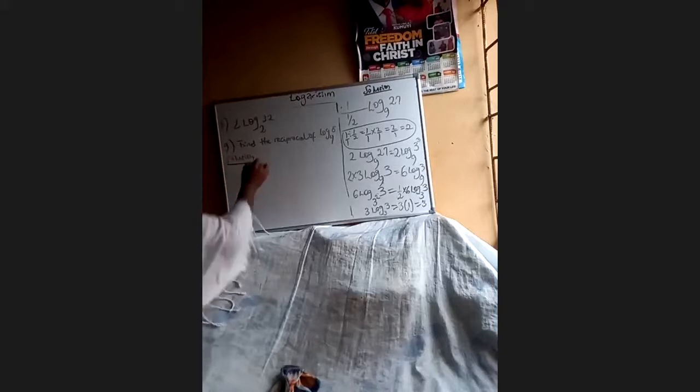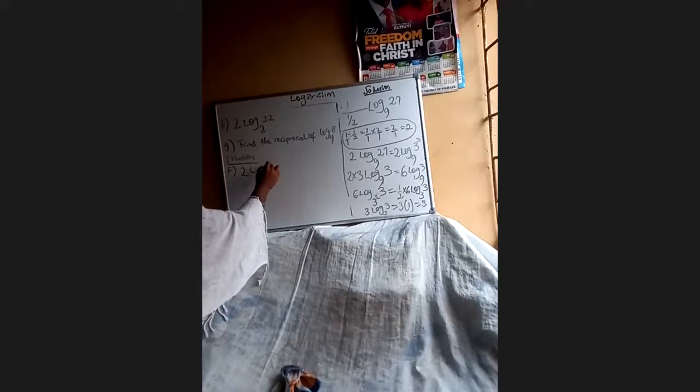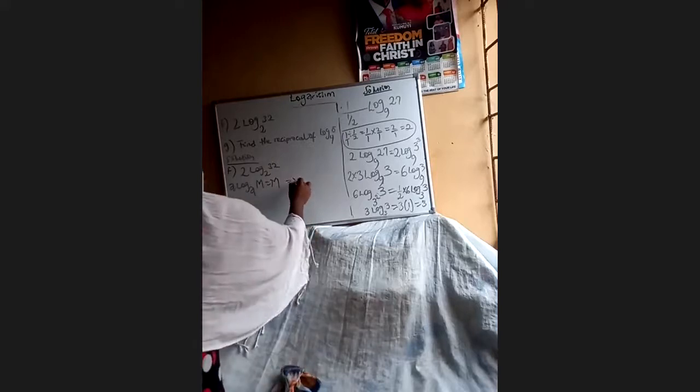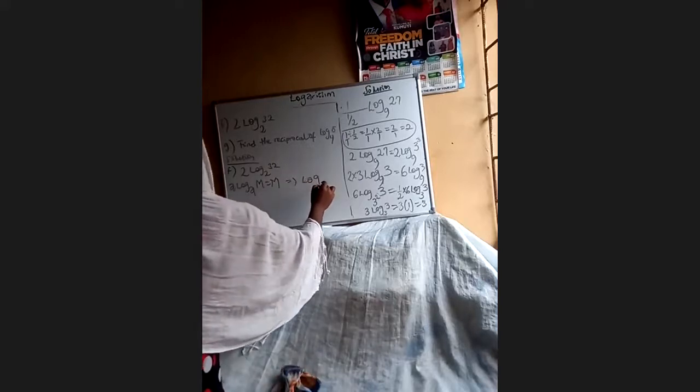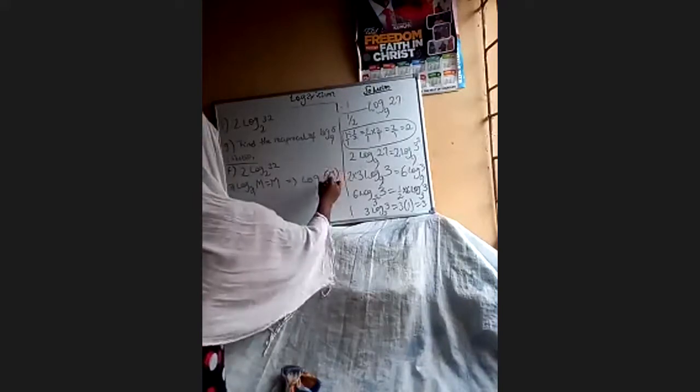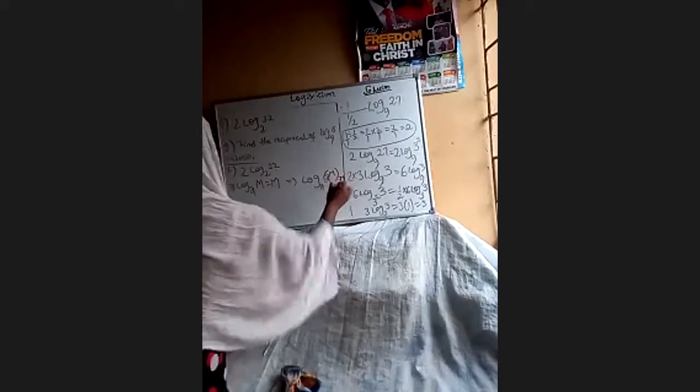Now, let me solve this. The sixth rule was the inverse rule. We said that a raised to the power of logarithm of m base a is equal to m, which is the same thing as logarithm of a raised to the power m base a is equal to m.